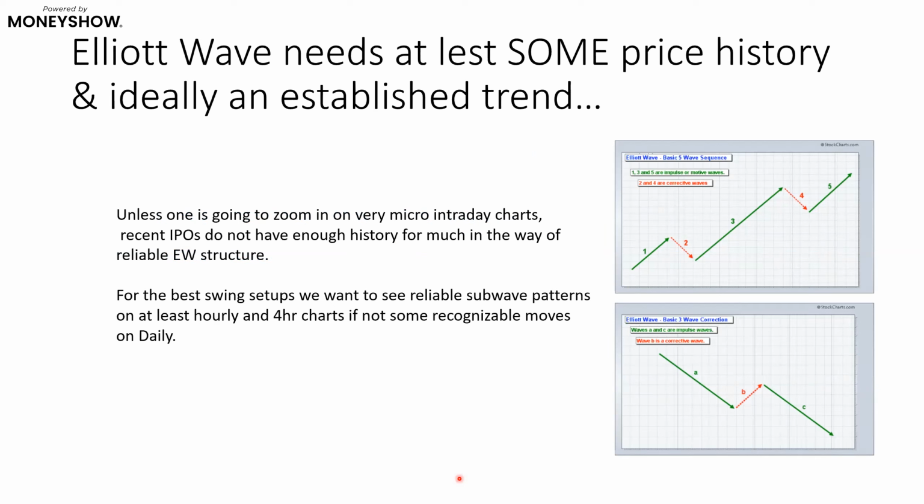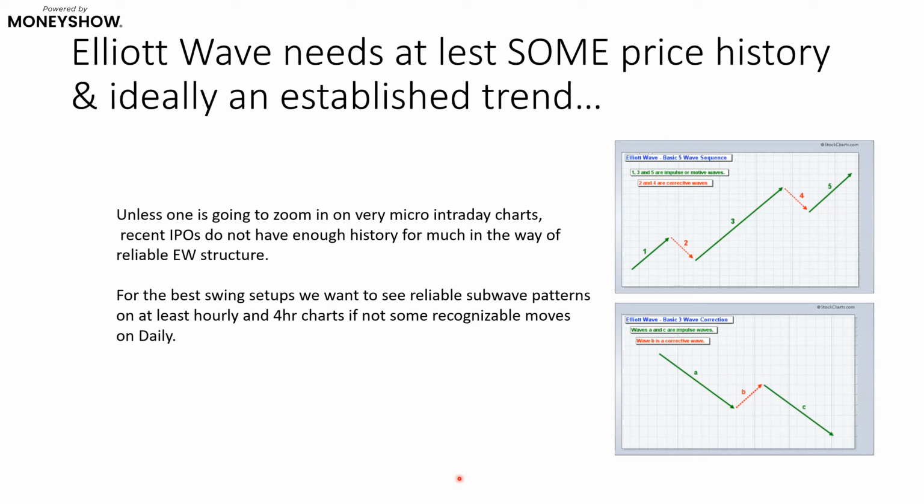The most basic way of talking about it is we're looking for repeating patterns of 5 waves up and 3 waves down. And that same 5 waves up and 3 waves down can be the 1-2 structure inside a larger move. Sometimes there are patterns unfolding to the downside at some degree, so maybe you're looking for 5 waves down and 3 waves up. But the basic structure is we're looking for 5s and 3s.